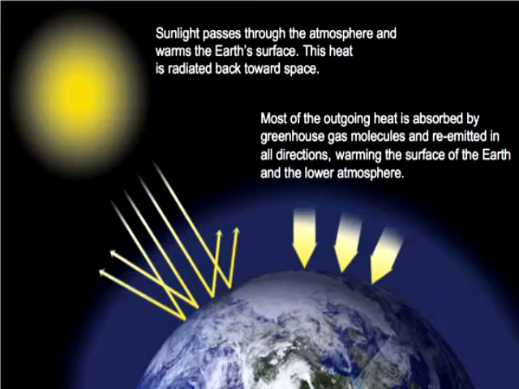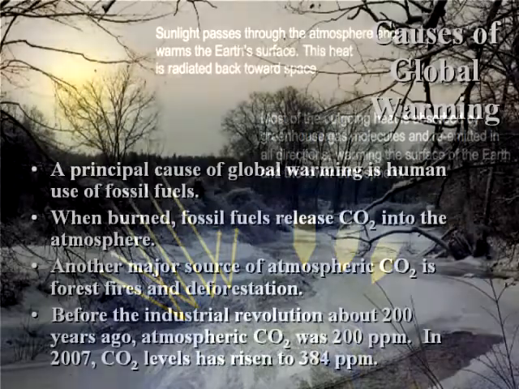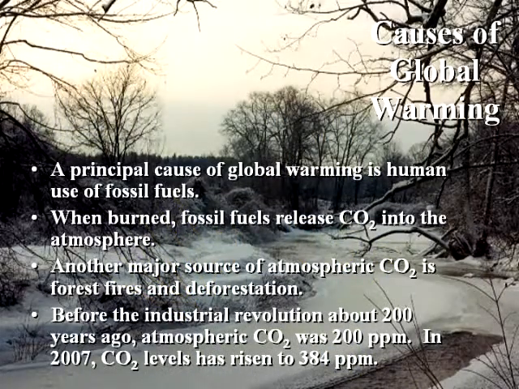In the absence of large concentrations of greenhouse gases, much of this solar energy reflects back out into space. But with an increasing concentration of greenhouse gases in the atmosphere, more and more of it gets reflected back towards the Earth's surface. Now the question becomes, how do these greenhouse gases accumulate in the atmosphere?